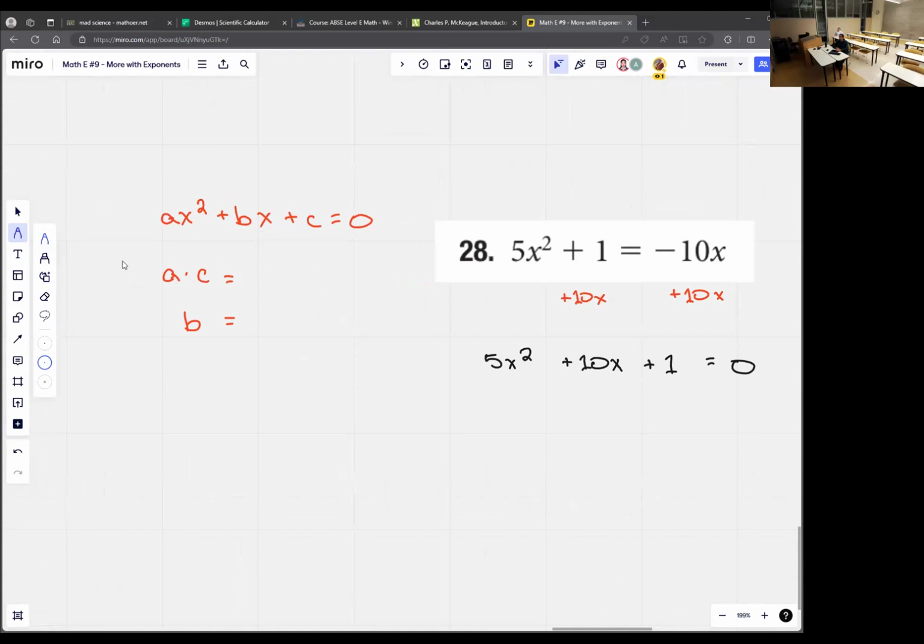So I wanted things that multiply to 5, but add up to 10. And the only factors I have are 1 and 5. So no factors add to 10. So factoring isn't my way to do this.